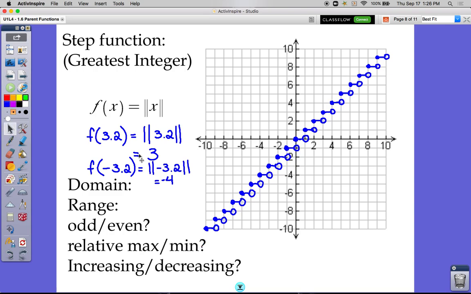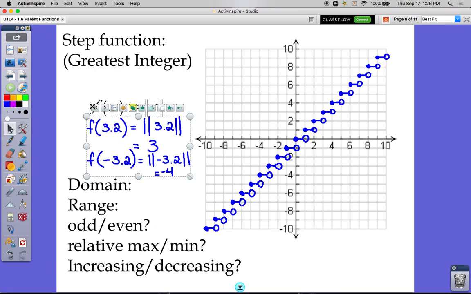It's like I said, it's different and backwards when it comes to the negatives. Let me try to move this up because now I'm running into my other stuff. There we go. All right, so what is the domain of this? All reals? Yes, it is. I can use any x value I want. What about the range?